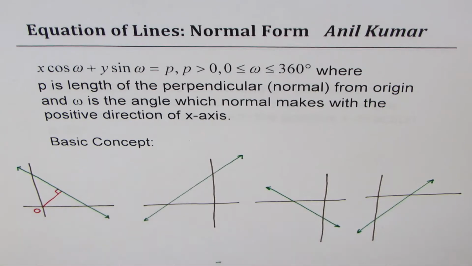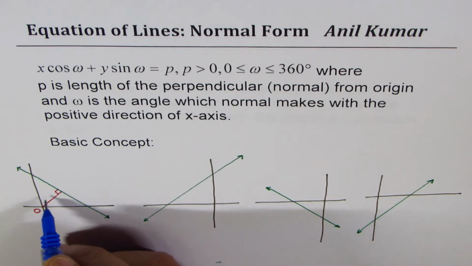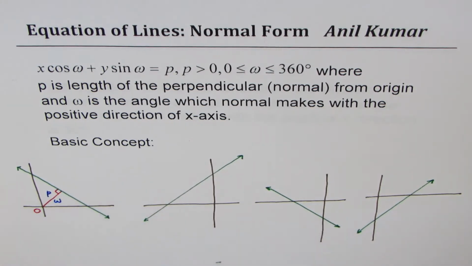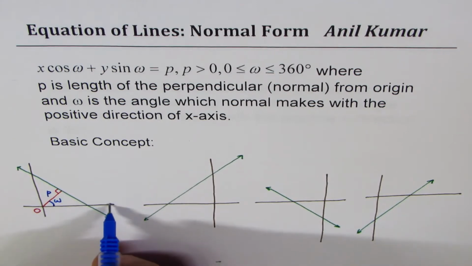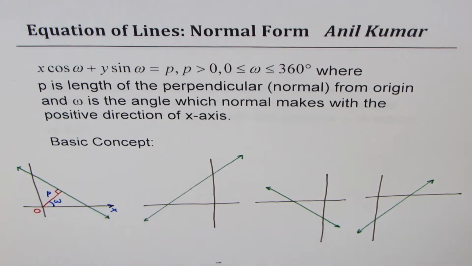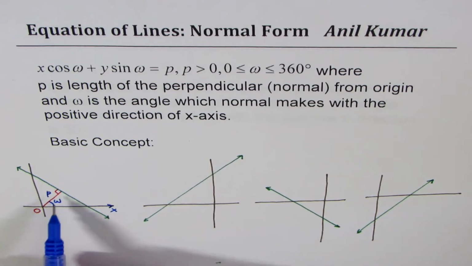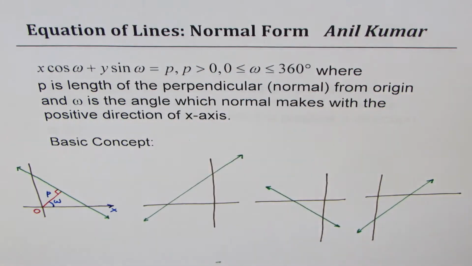In that case, it is possible to write the equation of this line in terms of P, the perpendicular distance, and omega, the angle which the perpendicular makes with the positive x-axis, right? So it is possible to write an equation, and this equation normally is called the normal form of the equation.